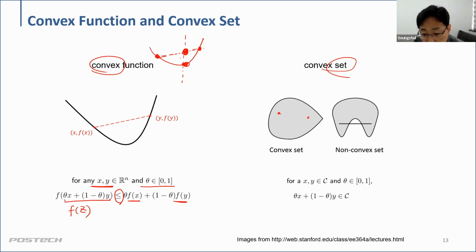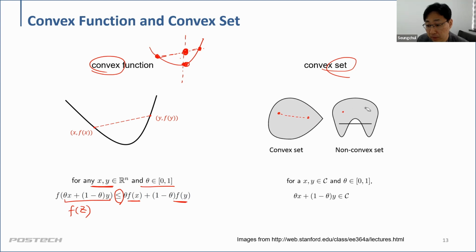So let me show you: all the data points are within the same set. But for the non-convex set, probably like say here is within the set, in the same set, which is okay.